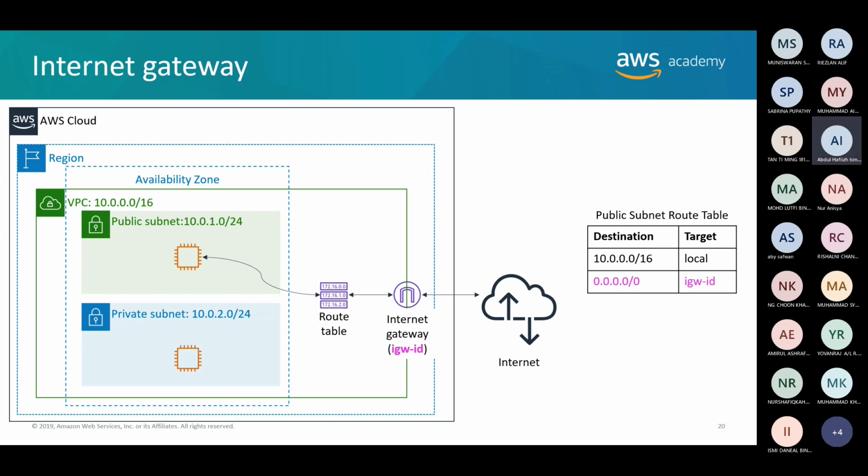To make a subnet public, you attach an internet gateway to your VPC and add a route to the route table to send non-local traffic through the internet gateway to the internet, 0.0.0.0.